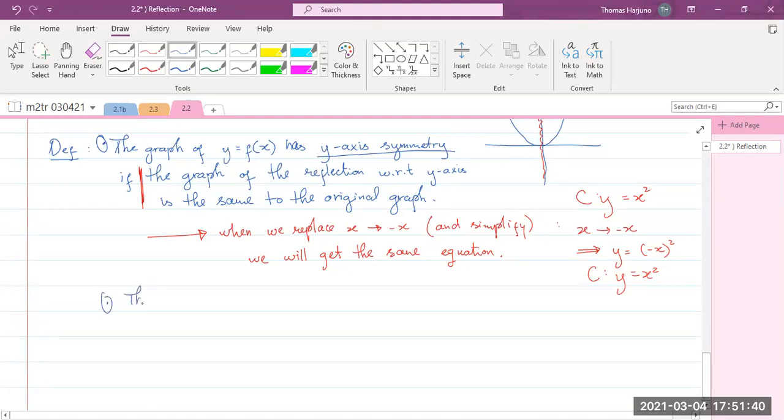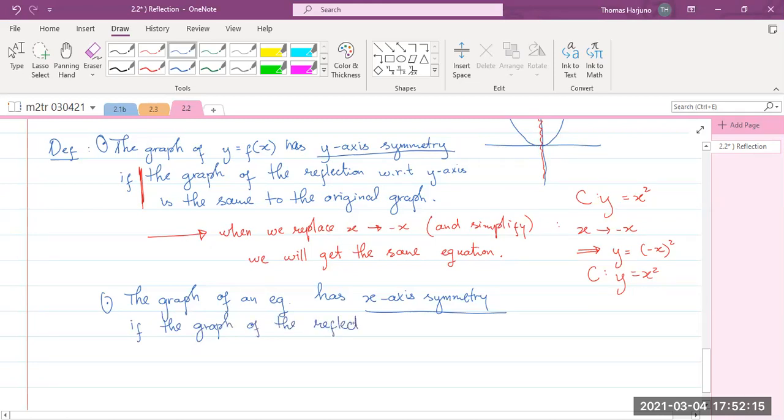Okay? Now, the graph of an equation, definition. Likewise, the graph of an equation has x-axis symmetry if the graph of the reflection, if you reflect that with respect to the x-axis, you get the same graph.